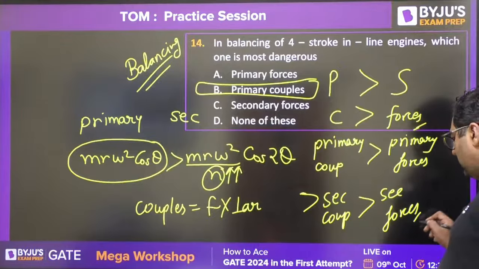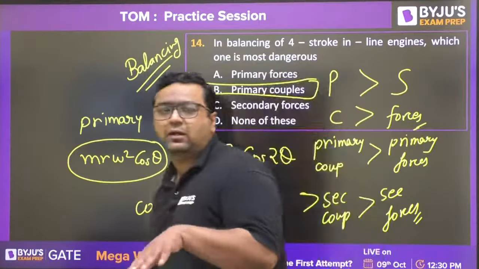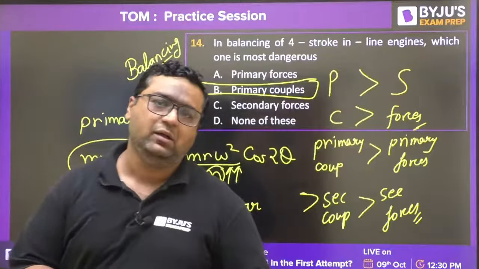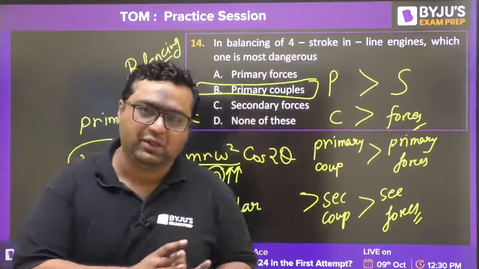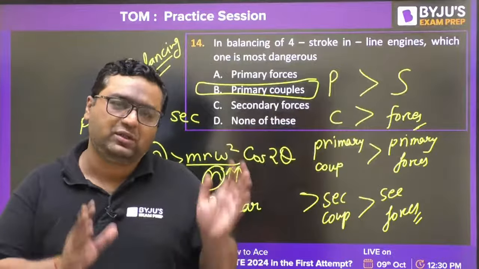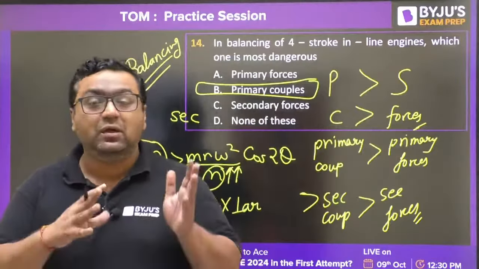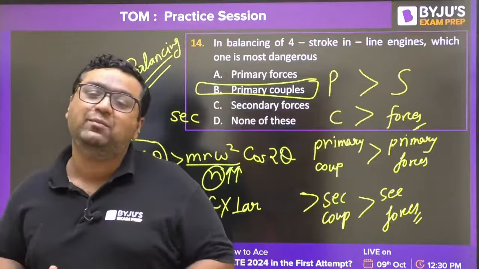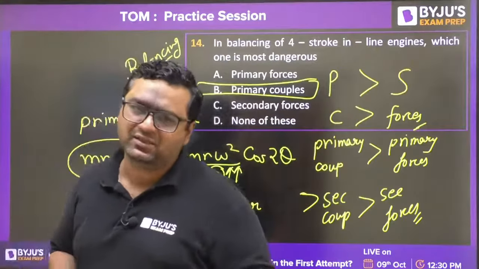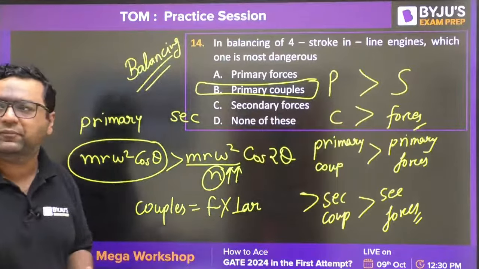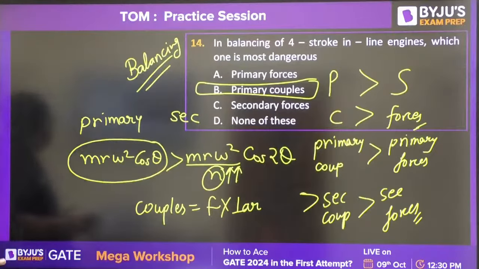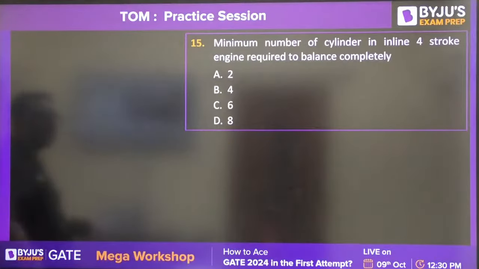In a completely balanced engine and a majorly balanced engine, in a majorly balanced 4-stroke inline engine, secondary forces remain unbalanced, but they are least dangerous. So we are not worried about that. Okay. Great. Mechanical warriors, very good.